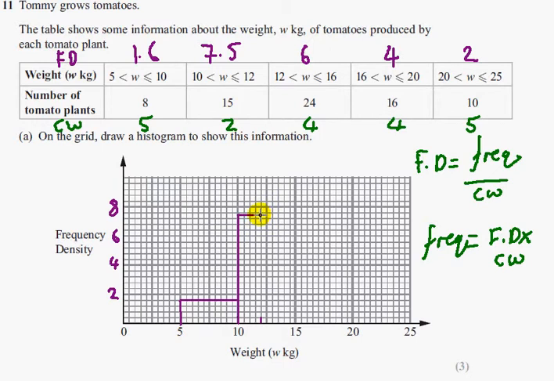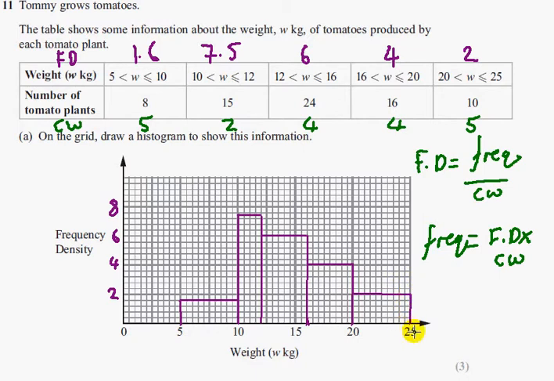Up to here. Okay, from 12 to 16, now 16 is here. It needs to go up to 6. Nice and easy. From 16 to 20, it needs to go up to 4. And from 20 to 25, it needs to go up to 2.